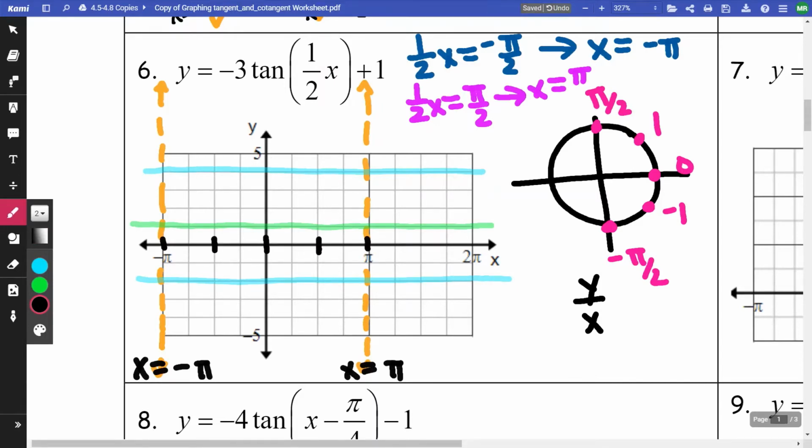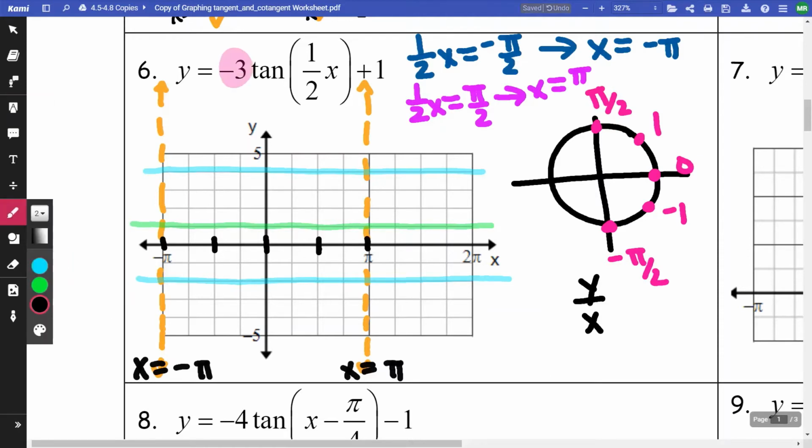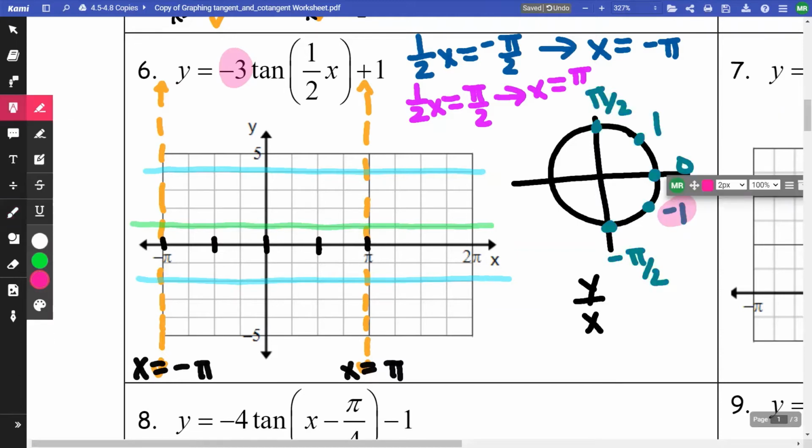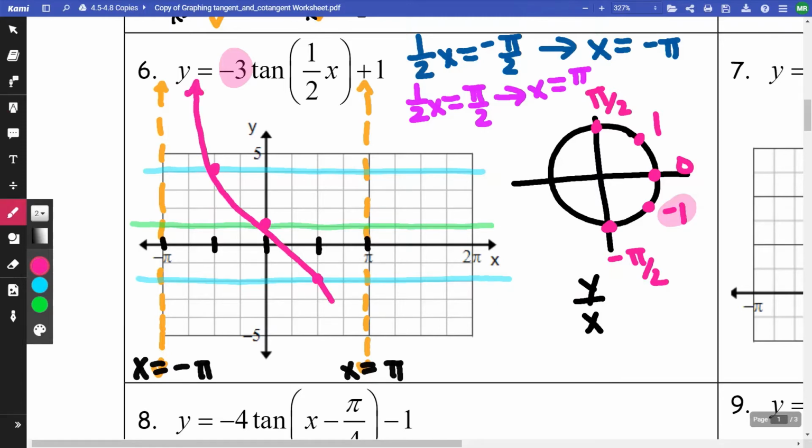Now, since this is a -3, that means instead of me starting at -1, 0, 1, I'm going to be doing the opposite. So I am going to be starting up here, then here, then here. And there's my graph.